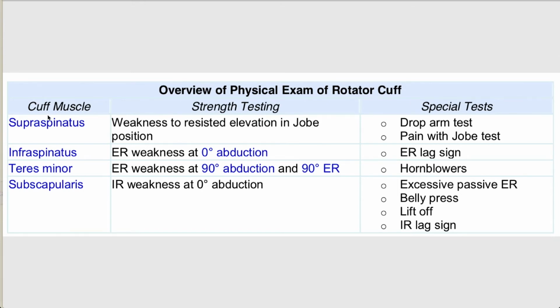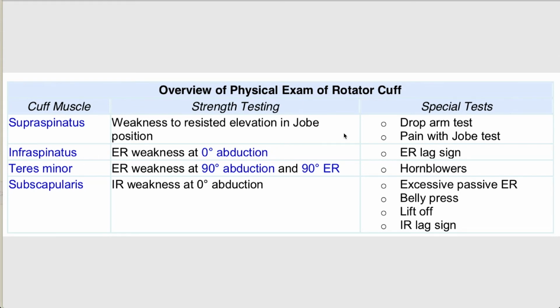So when I evaluate for supraspinatus, I find out if there is any weakness to resisted elevation in the empty can position, followed with the empty can test. And next, for the infraspinatus, I perform it with the patient's upper limb in 0 degrees of abduction, and I try to look for any external rotation weakness, followed by the special test of external rotation lag sign, and so on for the teres minor and the subscapularis.